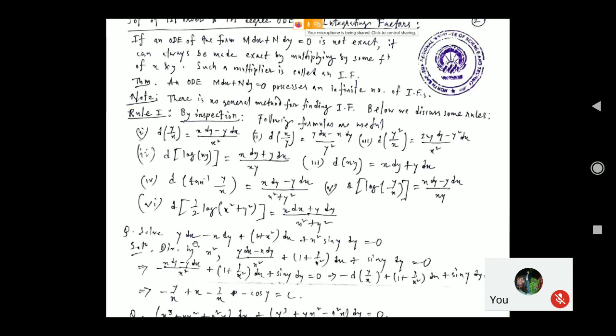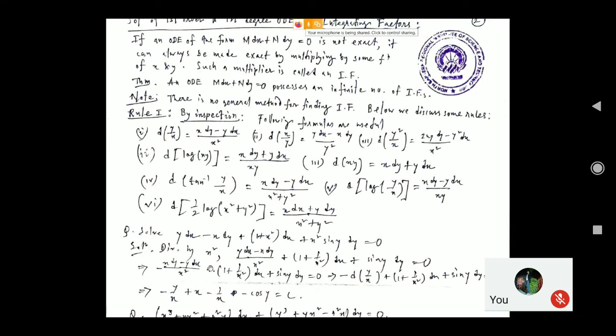Here you see what we have done. There is no general method for solving this type of equation; you can apply your own logic. Here we have divided the entire equation by x square.